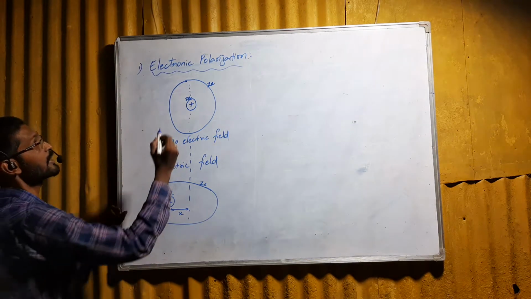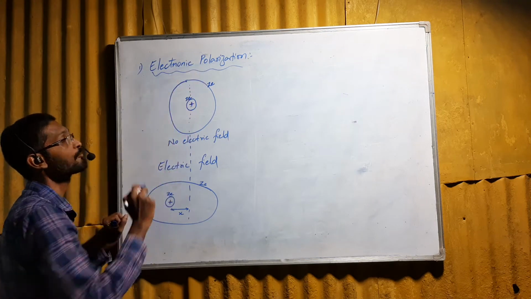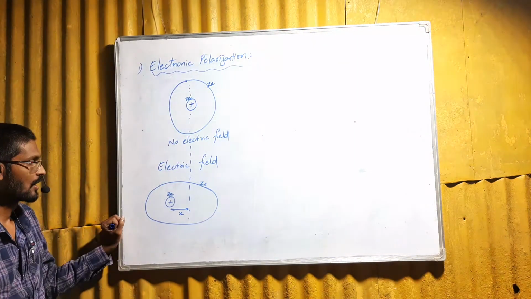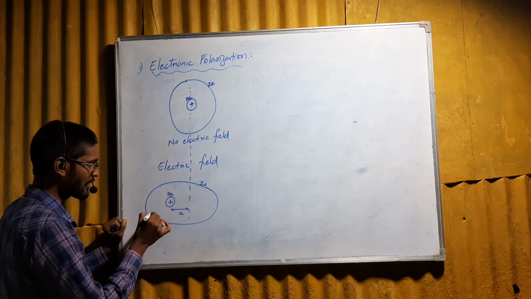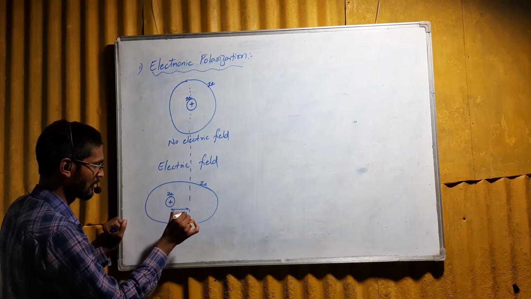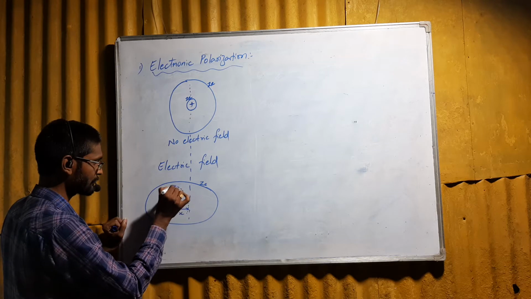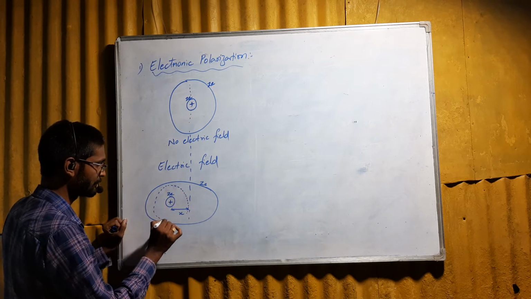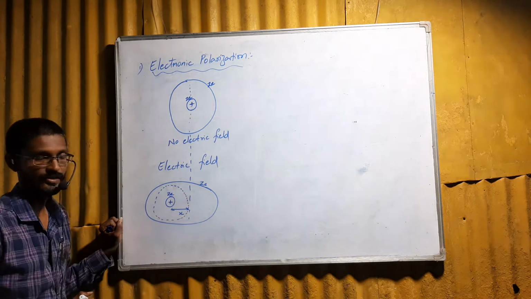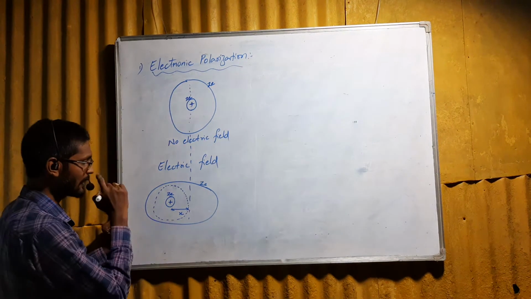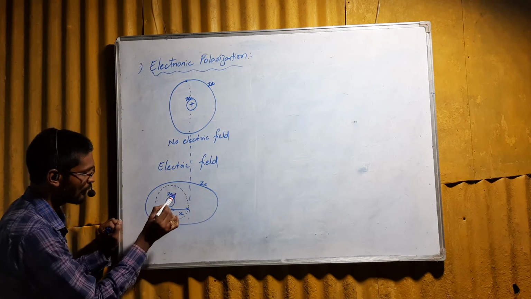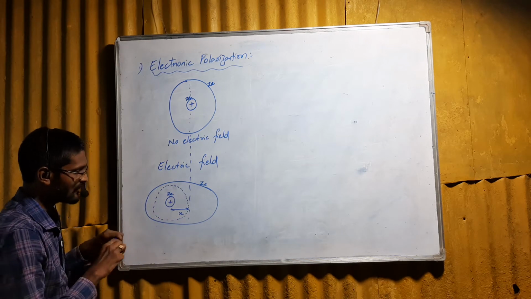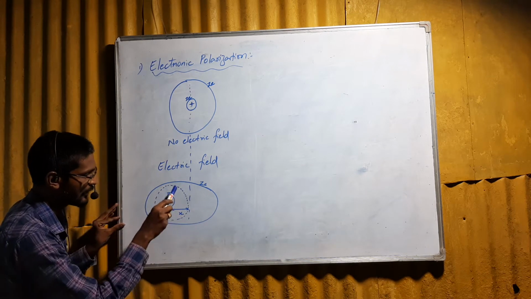Now we need to determine the magnitude of this electronic polarization. For this purpose, consider a sphere surrounding the nucleus with a radius x. We know that the total charge of the electron cloud is Ze. So we need to find the charge enclosed in this sphere of radius x.